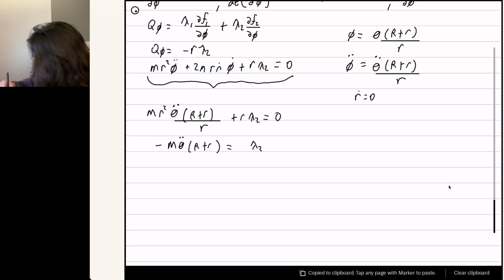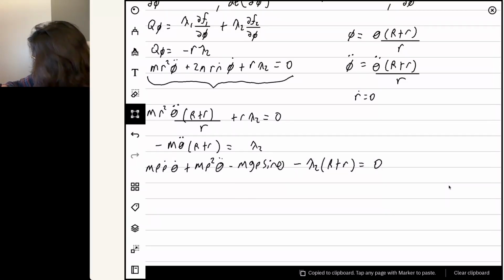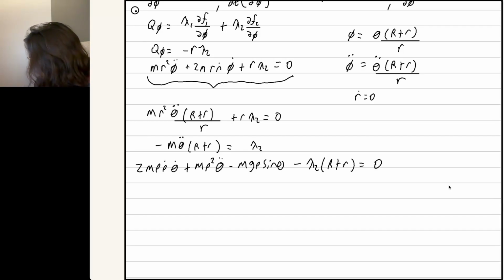So, applying equations of constraint throughout, now we're doing rho dot is equal to 0, so the first term will go away.